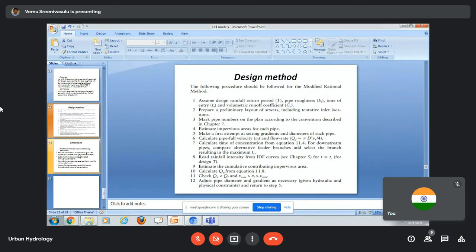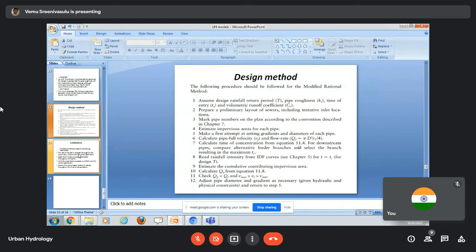Time of entry can be calculated, formulas are there. C also can be calculated. If you want to design the storm for a 5-year return period, then I can be calculated. There is a formula, and after calculating all those things, you will get the Q value, right?